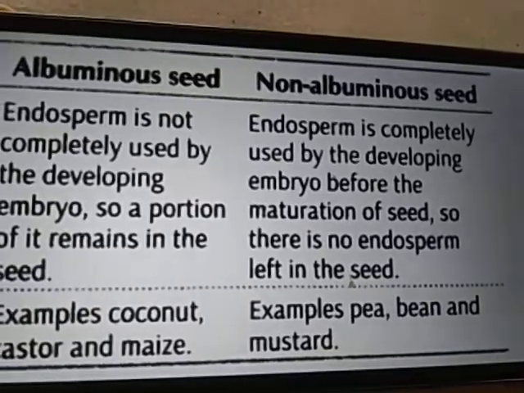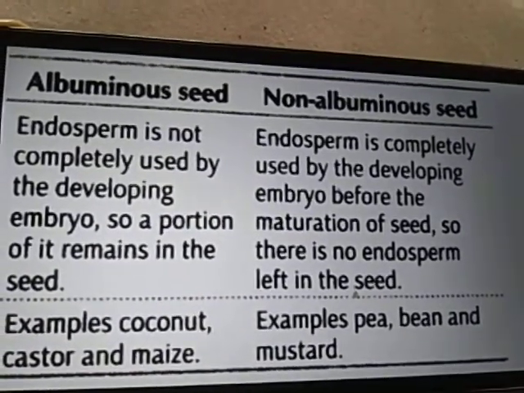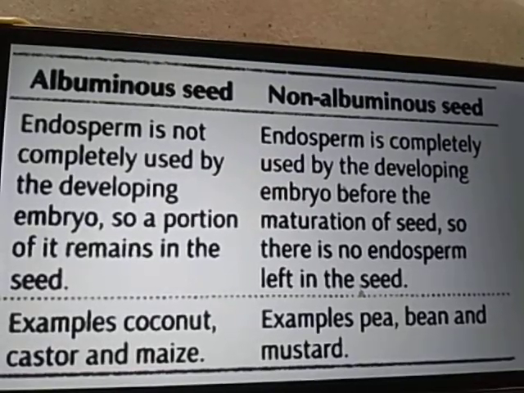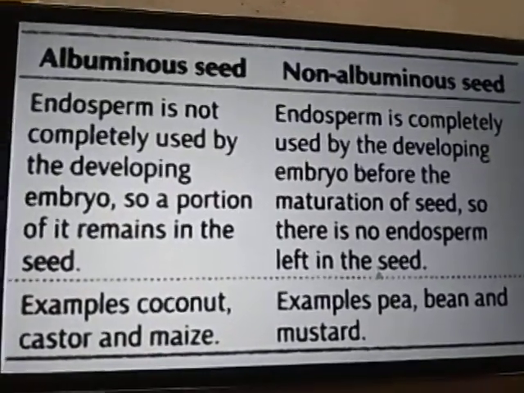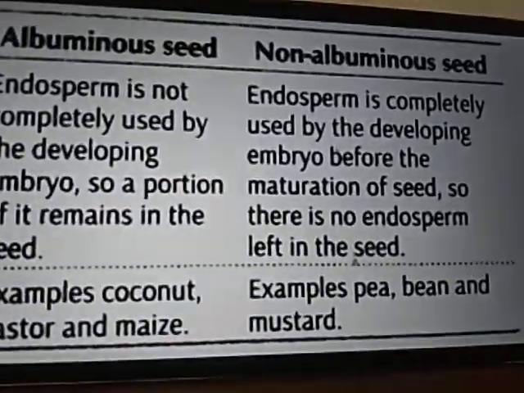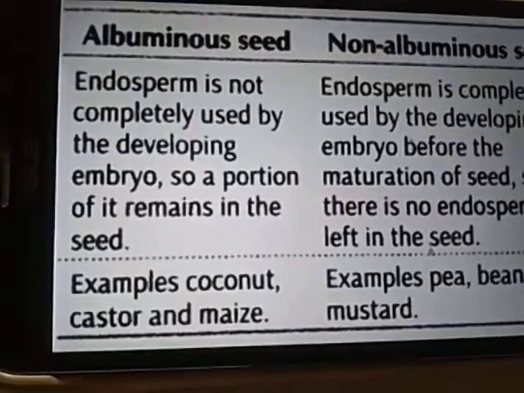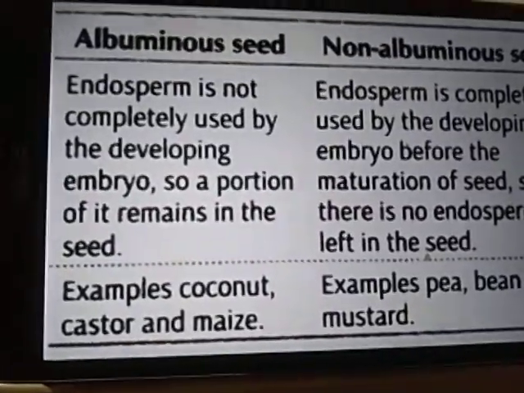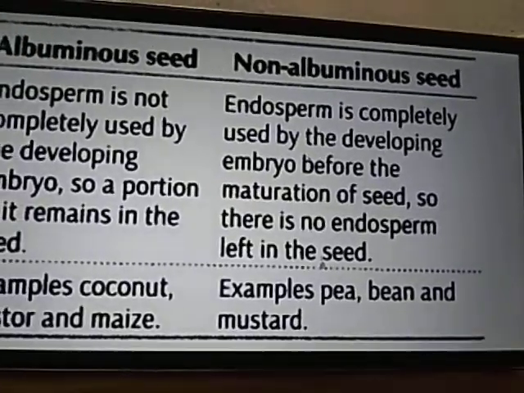If the endosperm is completely consumed in a mature seed by the developing embryo, that seed is called non-albuminous seed. The examples are also given. Albuminous seeds are coconut, castor, and maize. Non-albuminous seeds you will see here: pea, groundnut, and mustard.